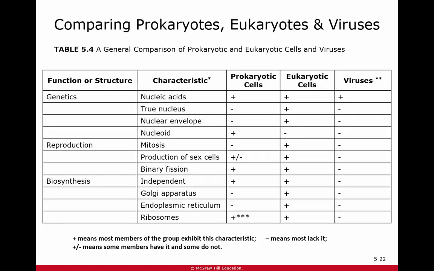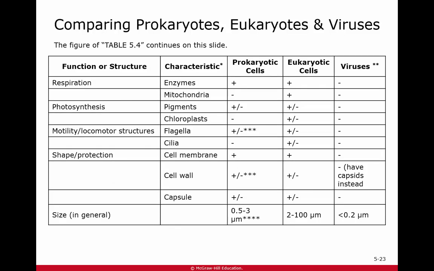So the last thing I wanted to leave you with in this section answers objective number 3. So objective number 3 says, okay, now that we've talked about all the parts to prokaryotes and eukaryotes, let's compare. Let's see who has what or who's missing what. So this slide, as well as this one, will carry you through differentiating between those three.